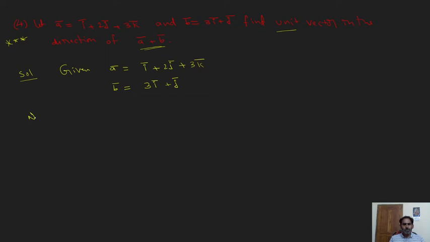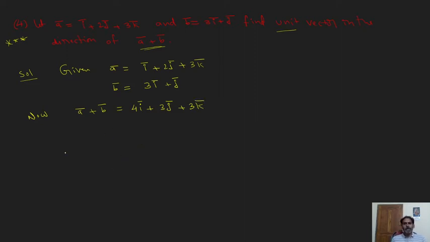Now A bar plus B bar means adding these two. 3I plus I, 4I, plus 2J plus J, 3J, plus 3K bar. This is A bar plus B bar.